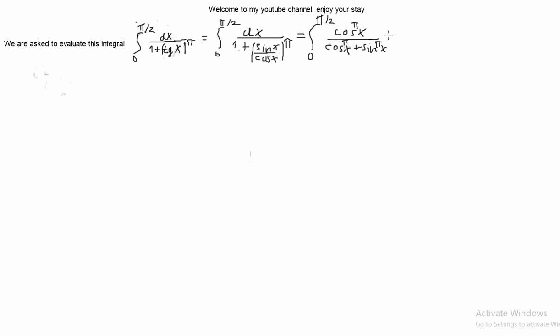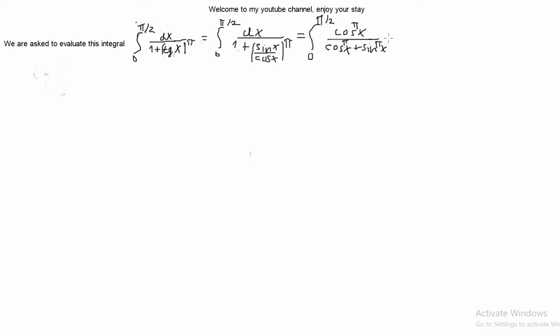In the first video we did something with a minus x substitution over the symmetric interval, and then we added the integrals. Here it's something similar. Cosine of pi over 2 minus x is sine, and sine of pi over 2 minus x is cosine.